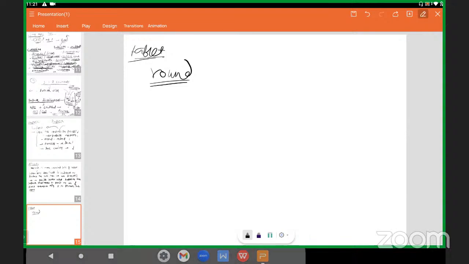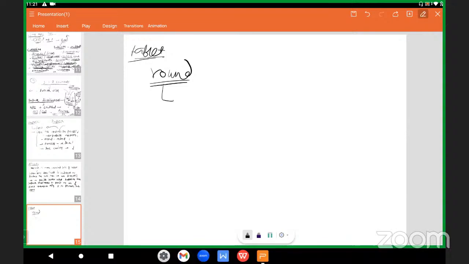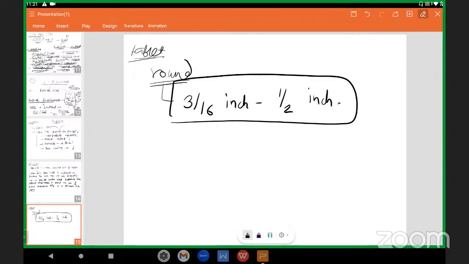But when you look at the round tablet, what should be the ideal tablet size range? Can anyone tell me? Write it down. It should be 3/16 inch to half inch. That should be the ideal size range for round tablets.